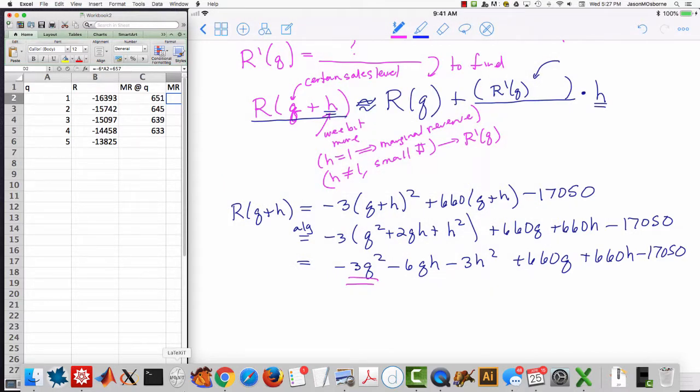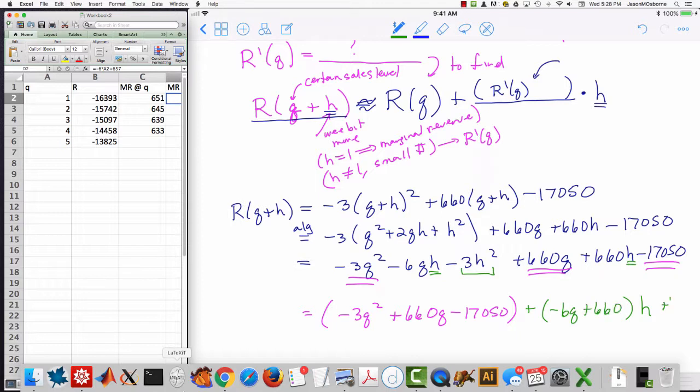Now notice that, since you're adding, you can shift the order and add in any particular order. And what you have left here is terms that have h in them and then terms that have the h squared term. So, if you collect the terms that have only h in them, you will get minus 6Q plus 660. And then there is the minus 3h squared.